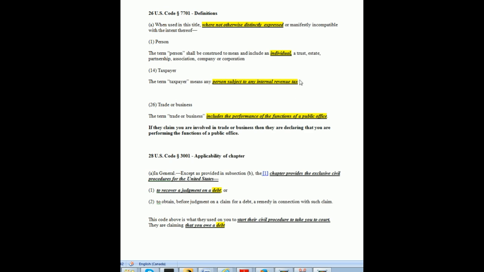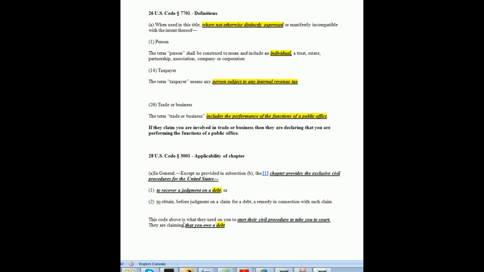So if the IRS claims that you owe them a debt and they want to recover the debt, this is the section of law, 28 U.S. Code, that they use to apply against you. And the section clearly states that this chapter provides the exclusive civil procedures for the United States to recover a judgment on a debt. Now, what United States are they talking about? It will become clear in a few minutes.